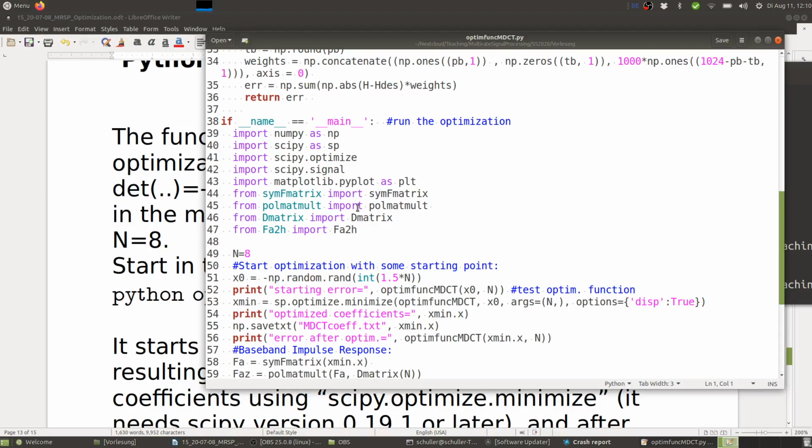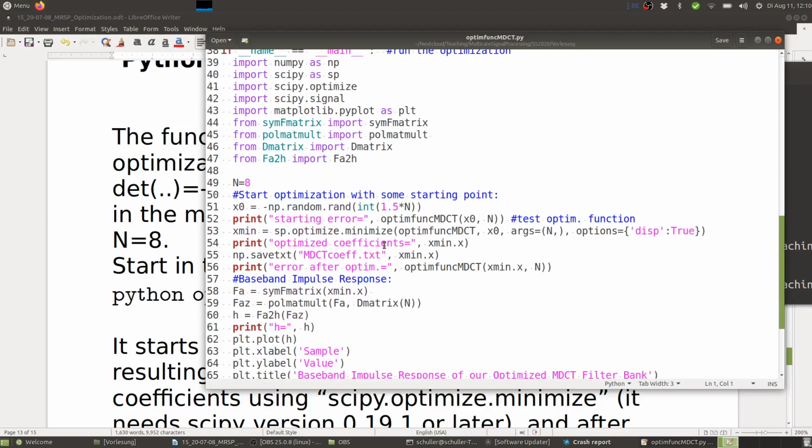Here I'm importing everything else necessary. Here I'm choosing a random starting point for N equals 8 subbands. So here I can actually change the number of subbands if desired. Here I'm taking some random starting point. Here's the starting error for this starting point, which is convenient to see how the error reduces from the optimization.